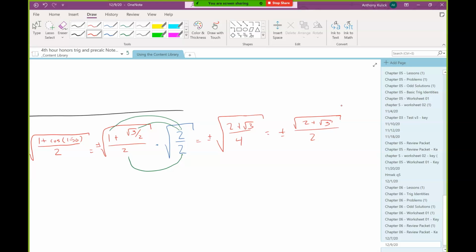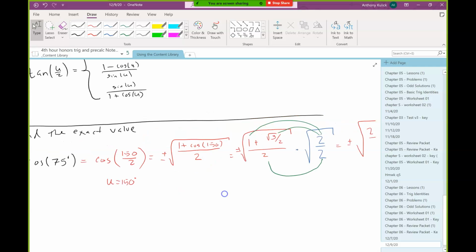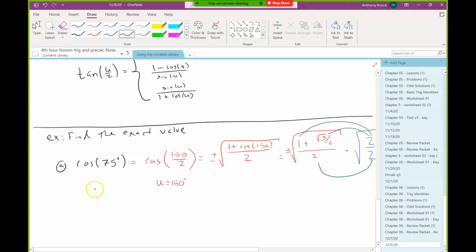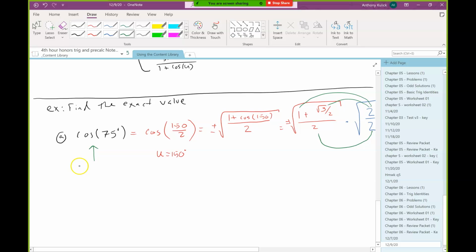And the last thing now I need to do is determine whether I need the positive or negative answer here. I guess you could have done this first as well. It doesn't matter really when you do this. I'm choosing to do it at the very end. To make this decision, I'm going to go back to the very beginning. Cosine of 75 is cosine in quadrant 1.